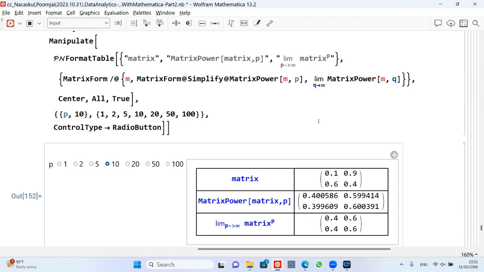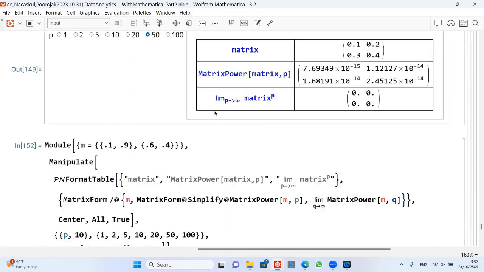Let's say you have a girlfriend or boyfriend. She's in two states: good mood, bad mood. If she's in a good mood, she has probability 0.1 of staying in a good mood, and 0.9 of going from good mood to bad mood.